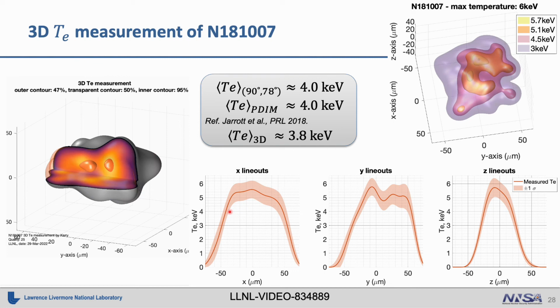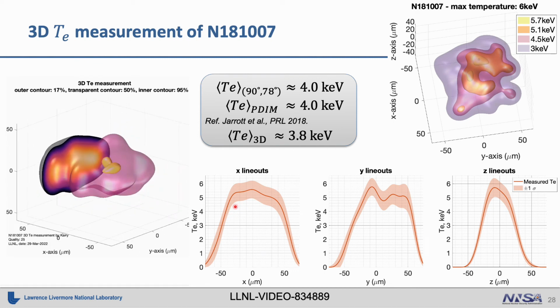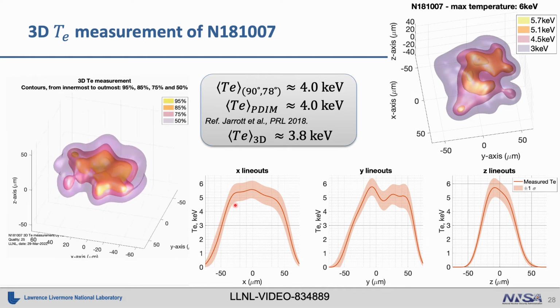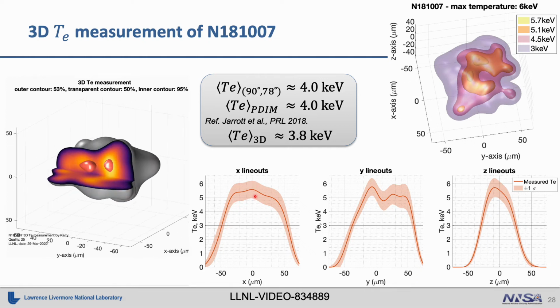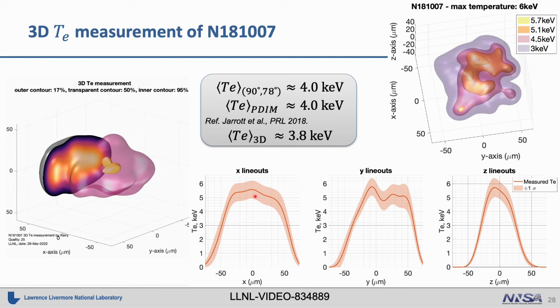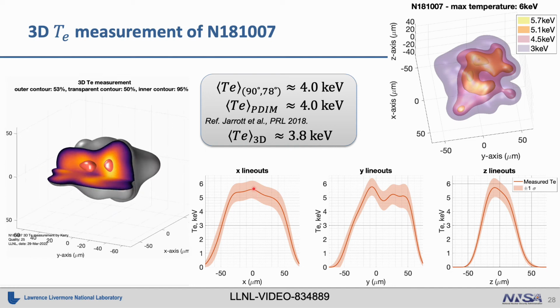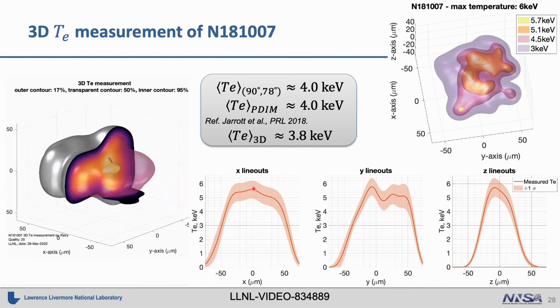Here again in the bottom right is the central line out of our 3D measurement with the error bar, providing an upper limit on the statistical uncertainty of our algorithm. The error bar here is larger due to higher statistical noise.